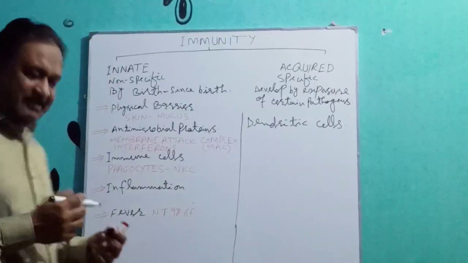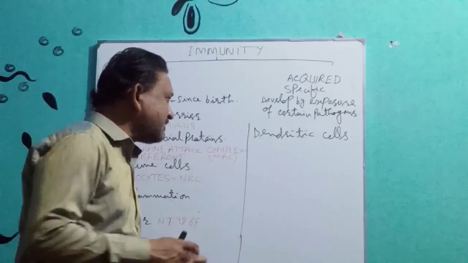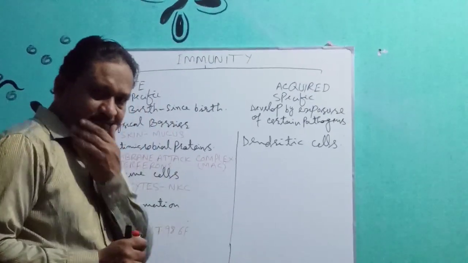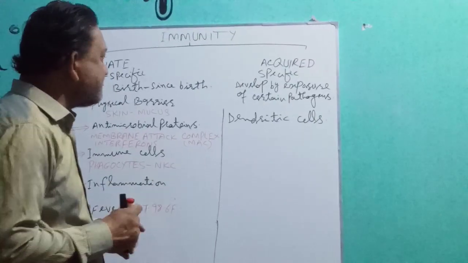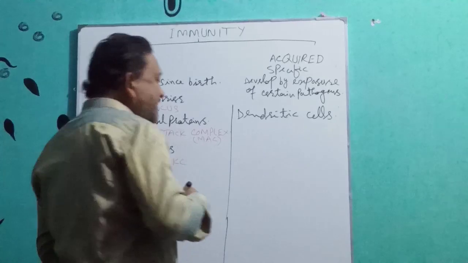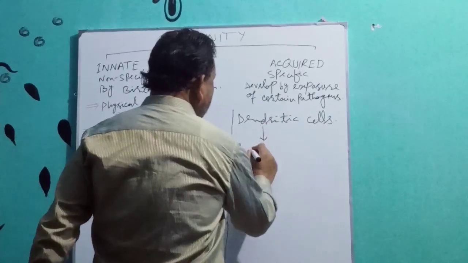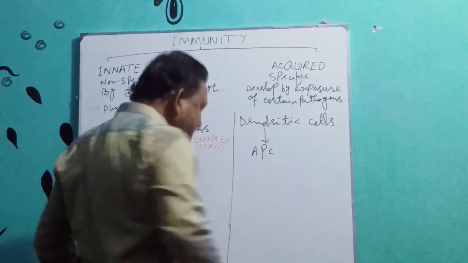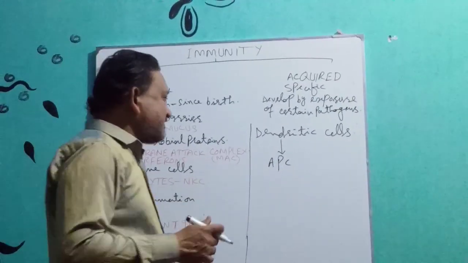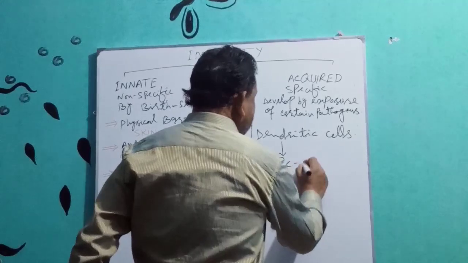The dendritic cells, which are also known as the Langerhans cells because they were discovered by the scientist Paul Langerhans. The dendritic cells are antigen presenting cells, and they are also phagocytes.